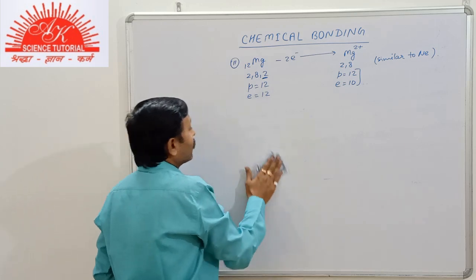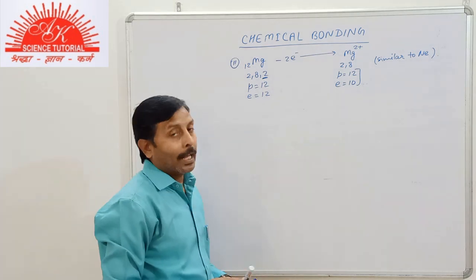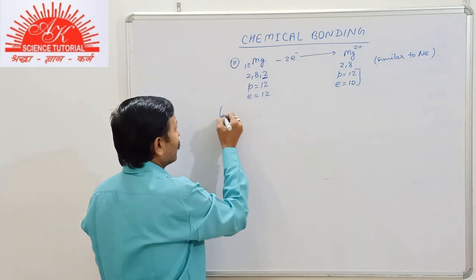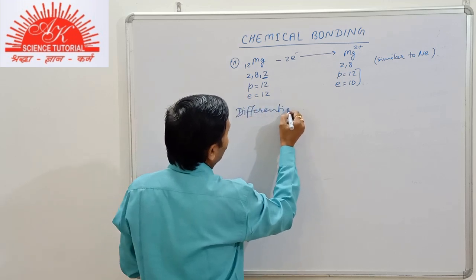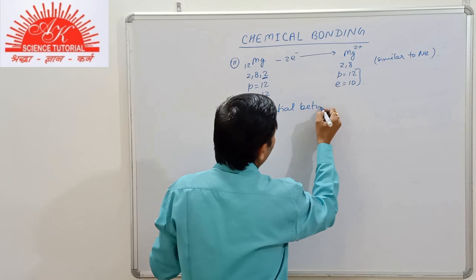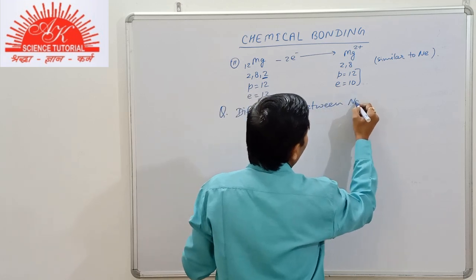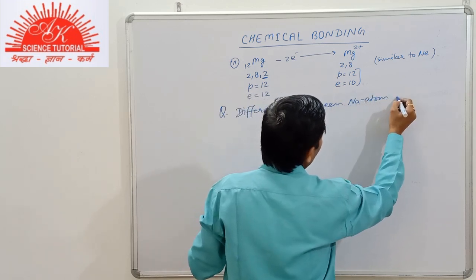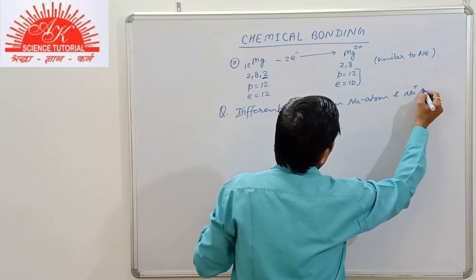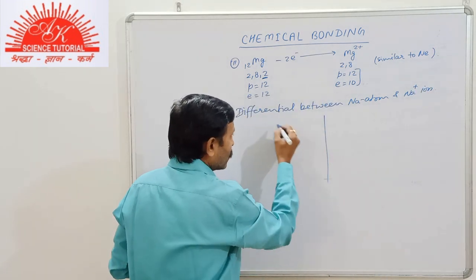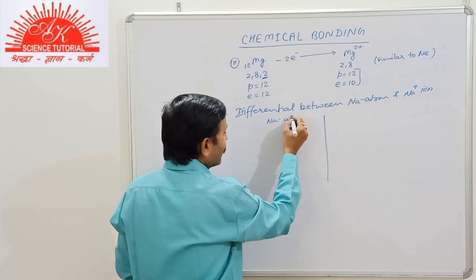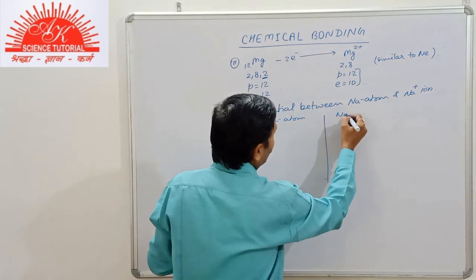Now students, a question is asked: differentiate between Na atom, the sodium atom, and the sodium ion. How will you write this answer? You can compare it in columns.